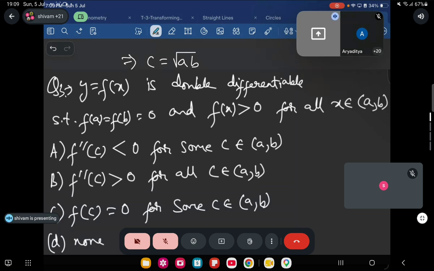Yes, Aditya, right answer. Swapnil, right answer. Solve quickly, everyone. Single choice. Hmm? Single choice. Sir.